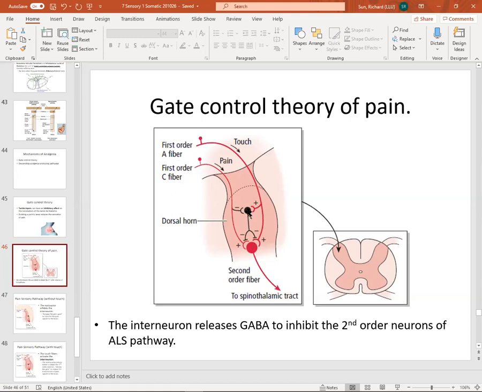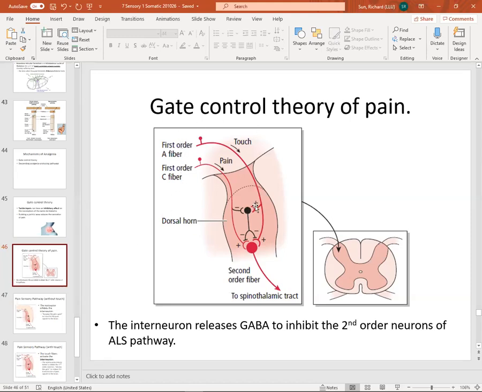So if it is inhibited, it will reduce that inhibition, which prevents the pain signal from being blocked by this interneuron. So the pain signal will easily go through. So this one is considered as the gate. And that's why we call it gate control theory.